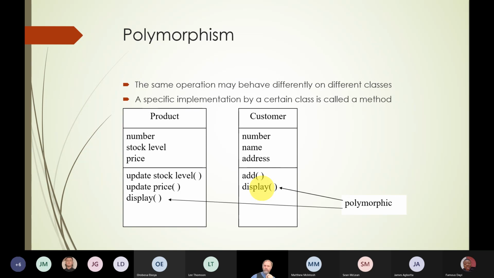When we are implementing the display for the product or implementing the display for the customer, that's called a method. Okay, so that's classes, attributes, objects, methods.